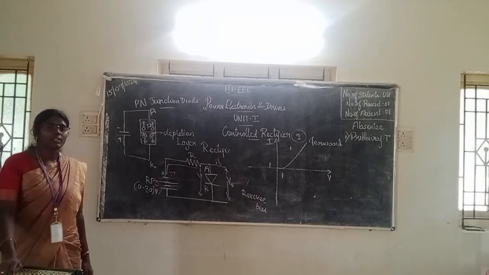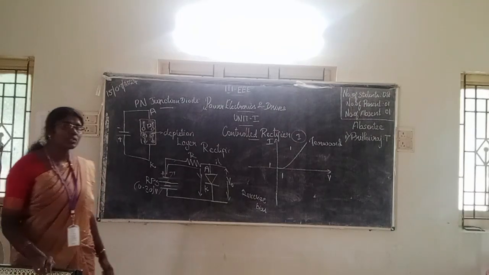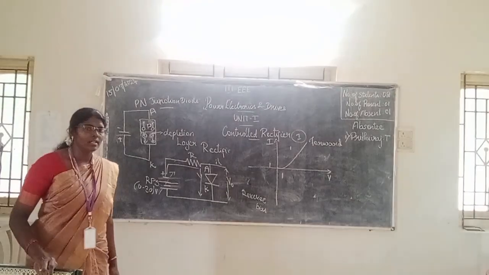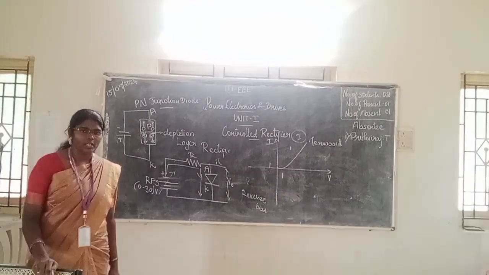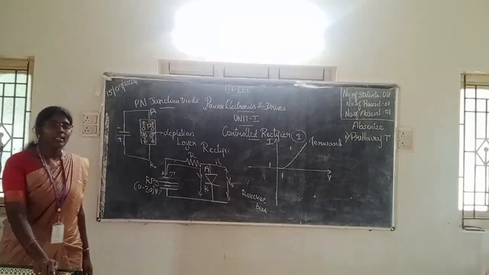During this time, the holes from the P-type semiconductor move away from the depletion region, and likewise the electrons from the N-type semiconductor move away from the depletion region.